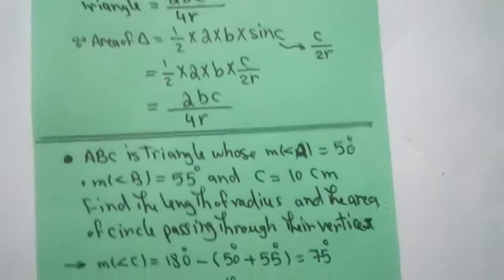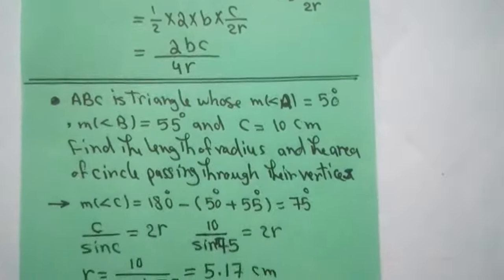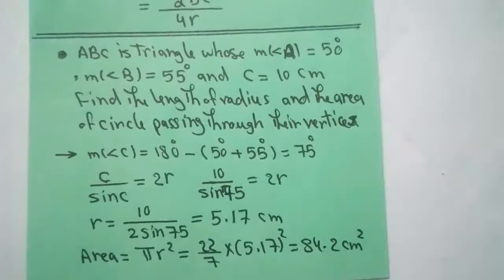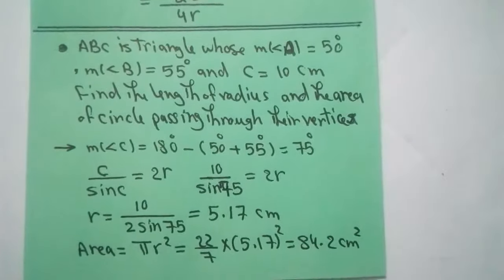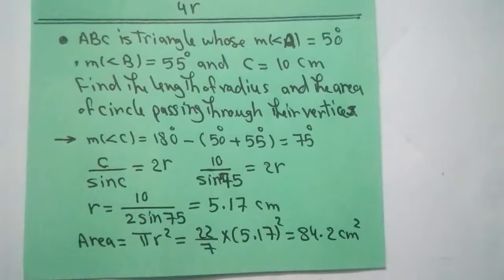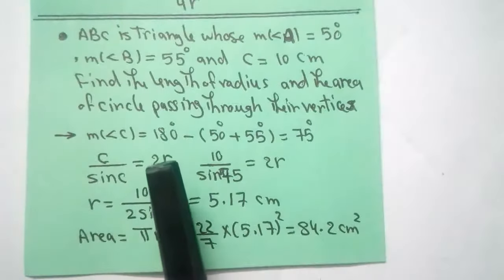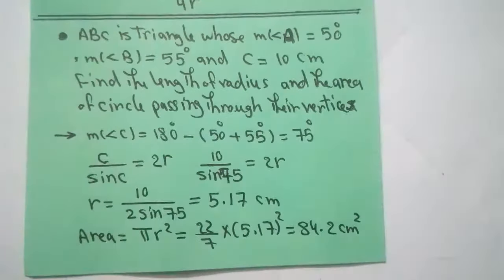Example: in triangle ABC, measure angle A equals 50, measure angle B equals 55, c equals 10 centimeters. Find the length of the radius and the area of the circle passing through the vertices of the triangle. We must get measure angle C. Measure angle C equals 180 minus (50 plus 55), equal 75.